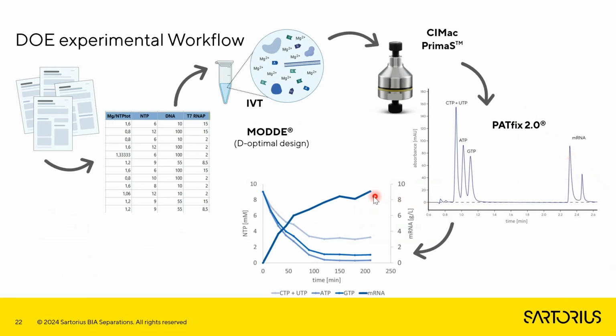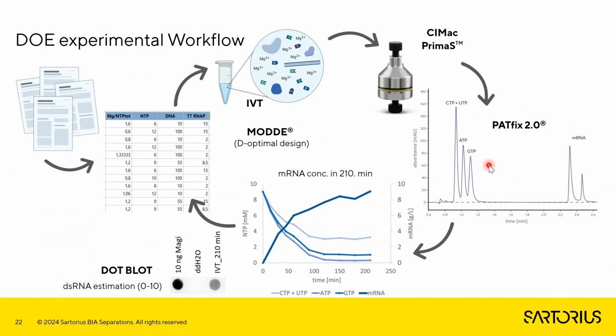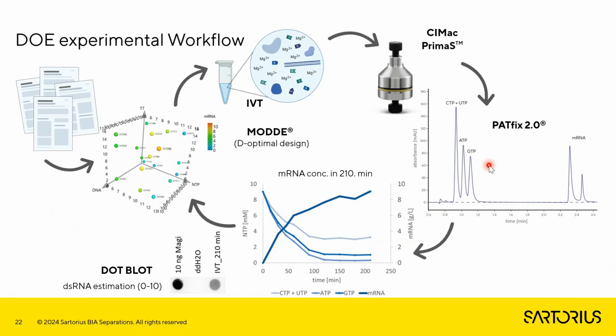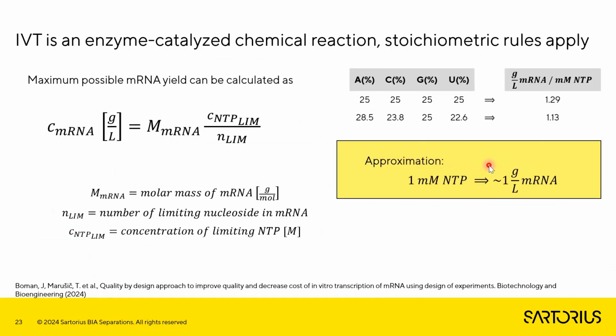At each point, we were measuring IVT reaction for up to 3.5 hours, and every 15 minutes we took a measurement, and we could read off for every time point what's the mRNA concentration, what's nucleotide concentration. We also measured dot plots for every time point, and so we could build time-resolved models and iterate, and this way build a design space.